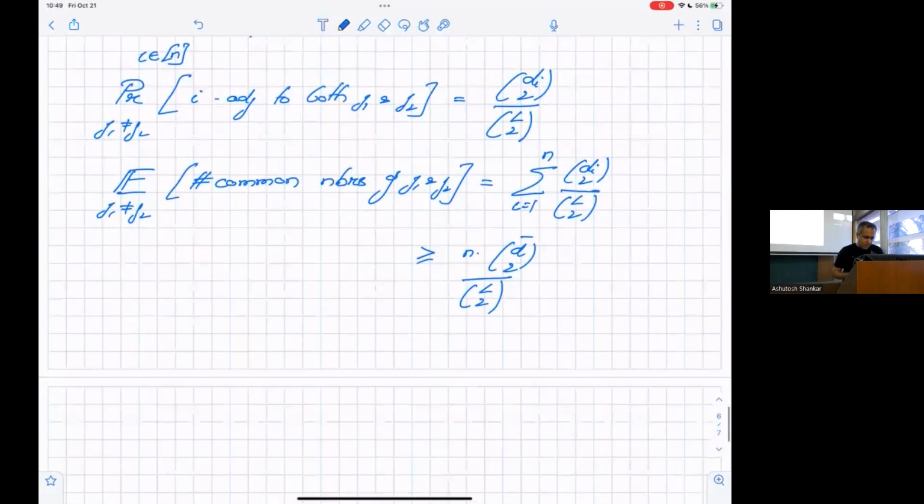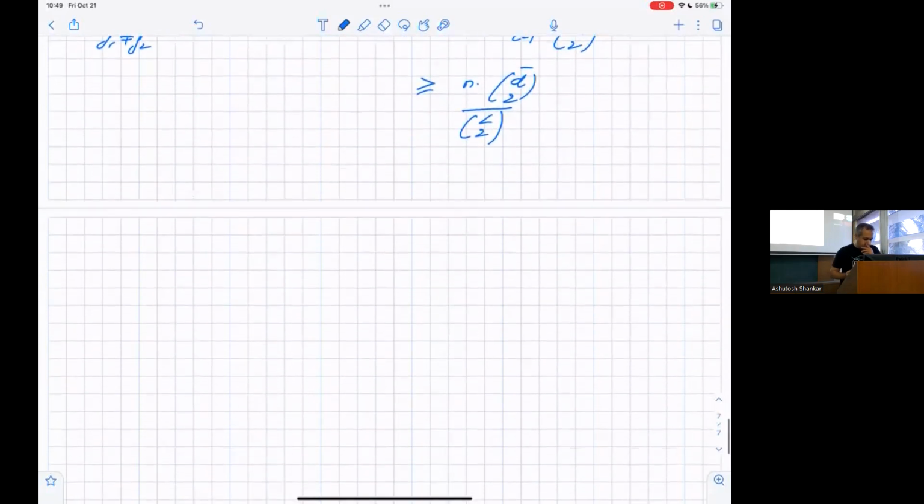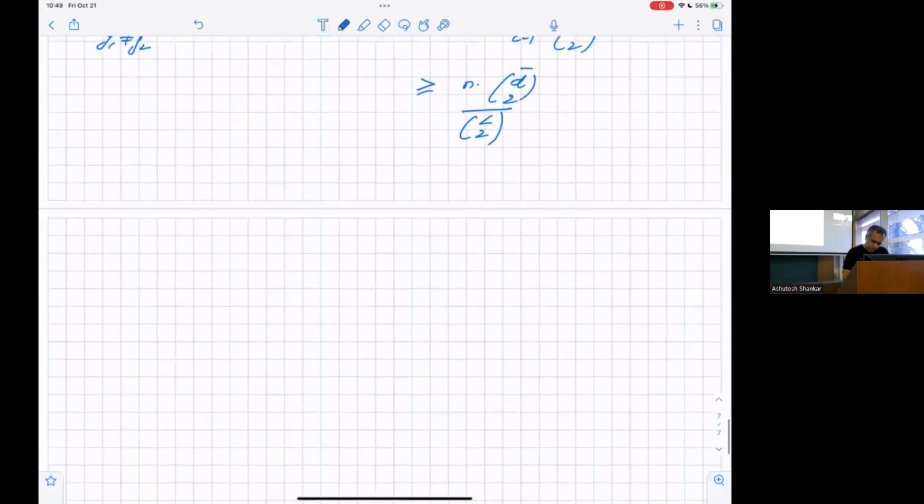So what do we have at the end of this? We have the statement that n times d bar choose 2 is less than or equal to L choose 2 times something. But here I do have an upper bound on it.